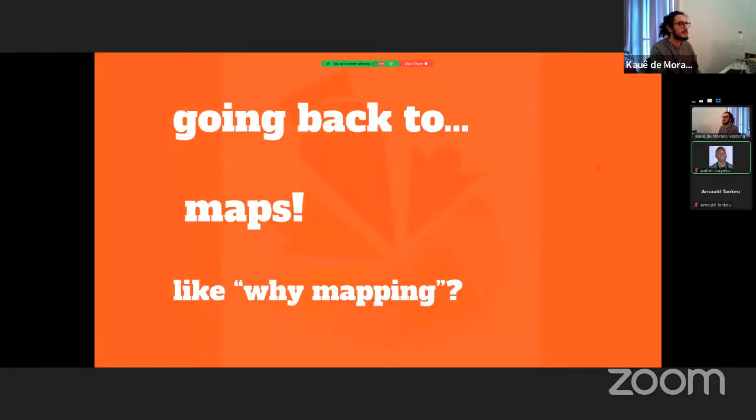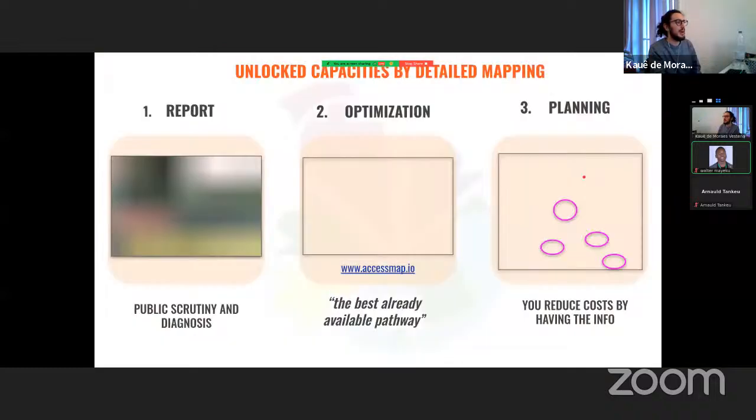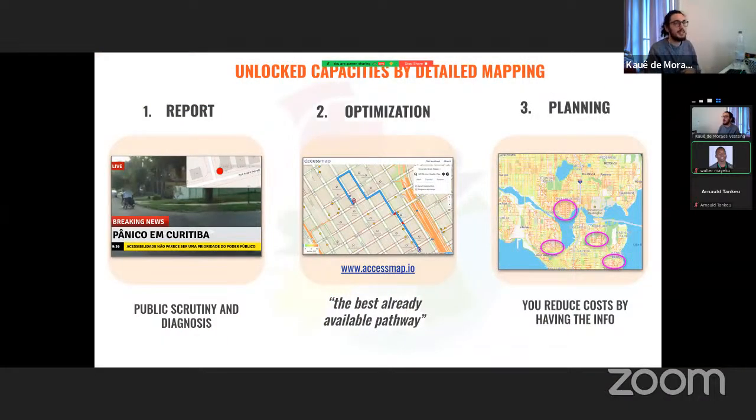Okay, so now after all this very introductory part, we are going to be delving into maps, going back to maps, starting this part on why mapping. We have capacities that were unlocked by means of detailed mapping. First, we have the ability to report.